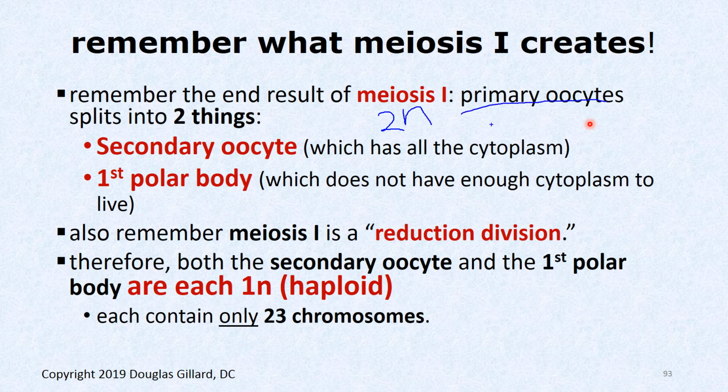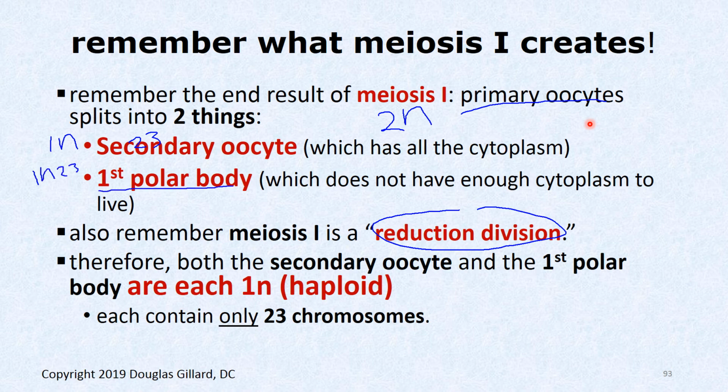But meiosis 1, which we finally finished, is a reduction division, so each one of these gets half of the number of chromosomes. So the secondary oocyte is one thing that's formed. It's splitting in half, primary oocyte. What are the two things that are formed? Secondary oocyte, which is 1N with 23 chromosomes, and then we have this weird polar body, which also has the other 23 chromosomes.